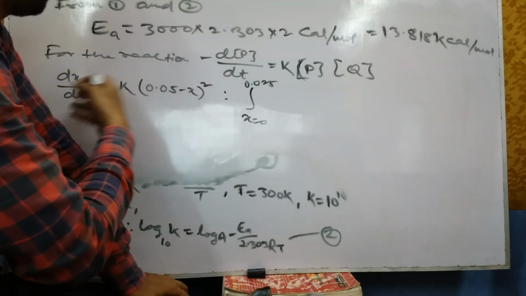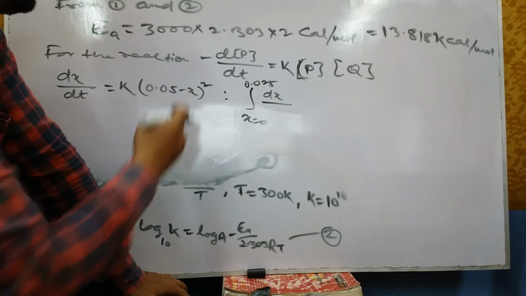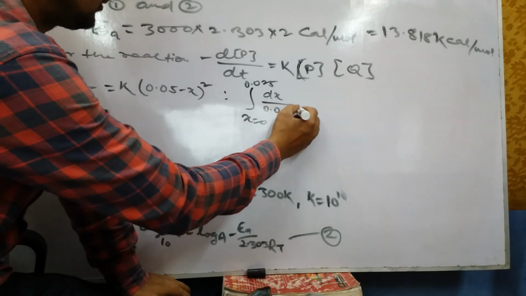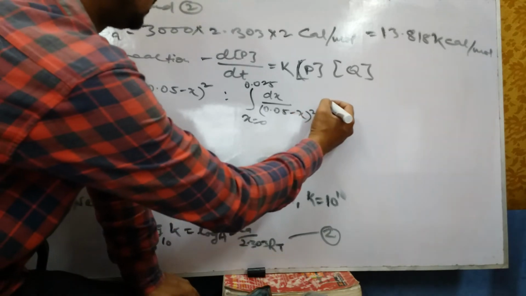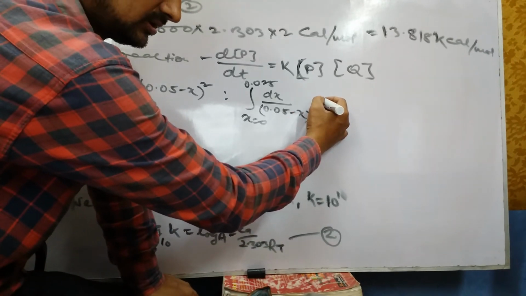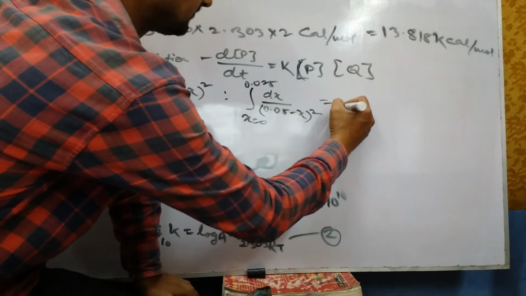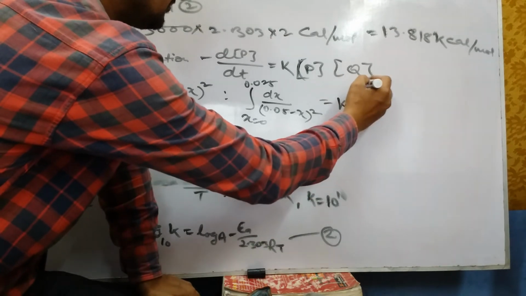Here the same term on one side, that means dx by (0.05 minus x) squared is equal to K dt, with time limit 0 to t half.